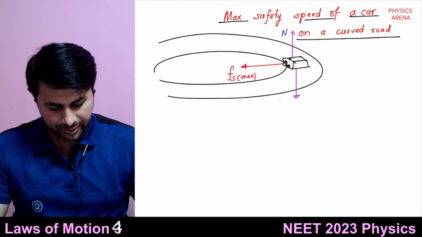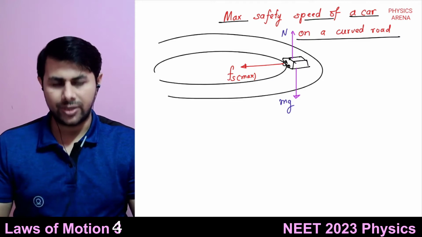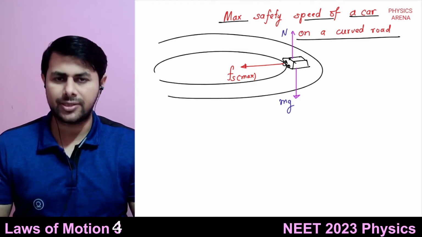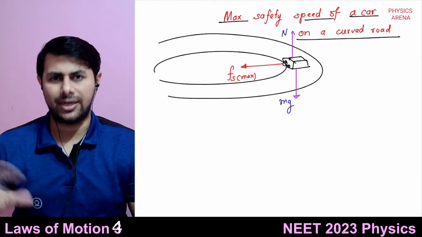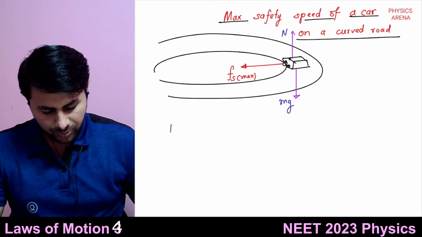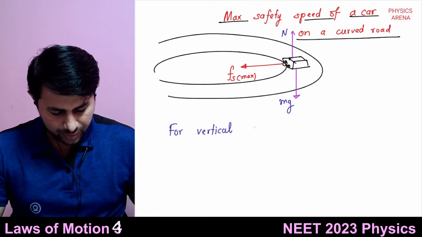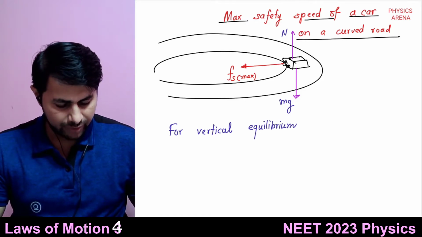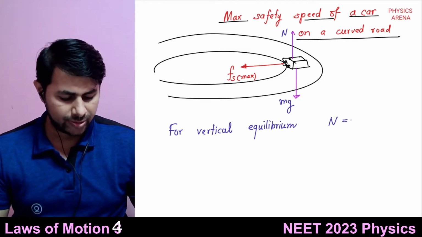N and mg. For equilibrium in the vertical direction, equilibrium meaning the sum of forces is equal to 0, forces are balanced. That's why there is no acceleration in that direction. So for vertical equilibrium, the total upward force is equal to the total downward force.